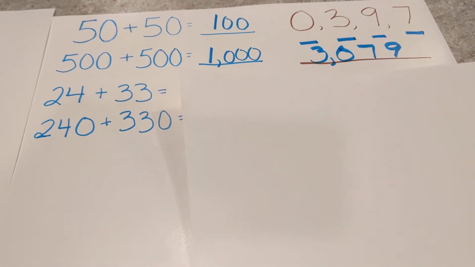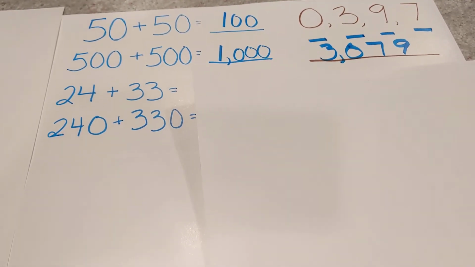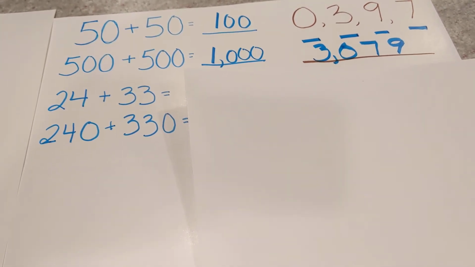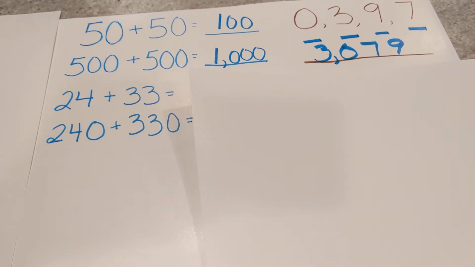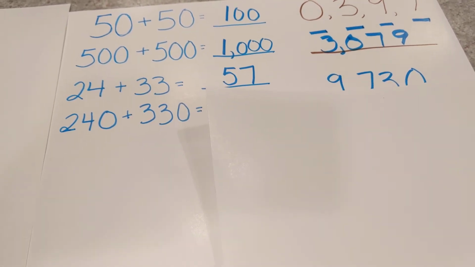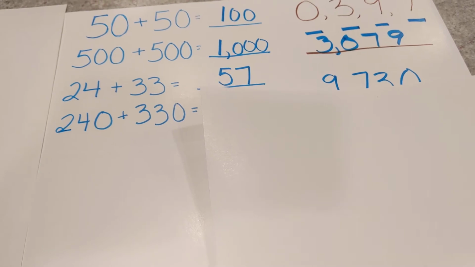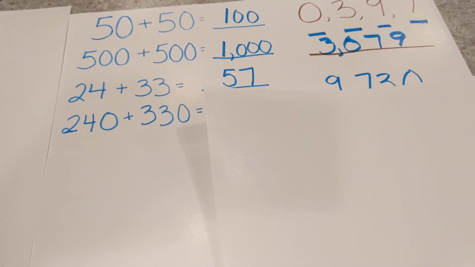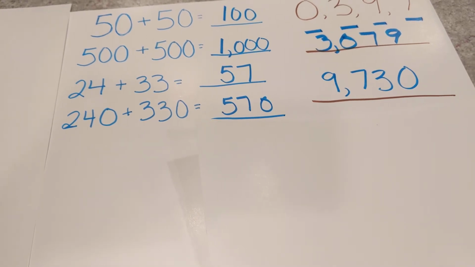And notice where I put my comma after the thousands. 24 plus 33. There's no regrouping, so we should be able to do that with mental math, and that's 57. And now we have 24 tens and 33 tens is 57 tens, or 570.